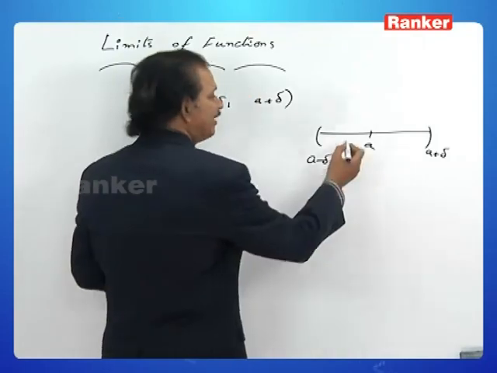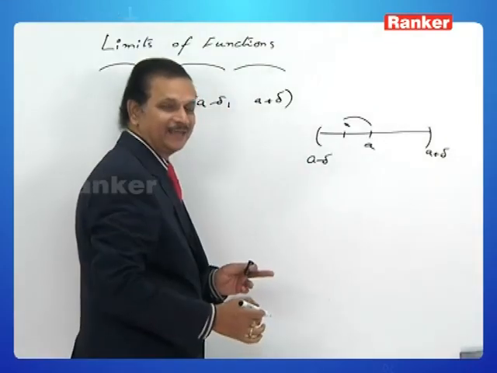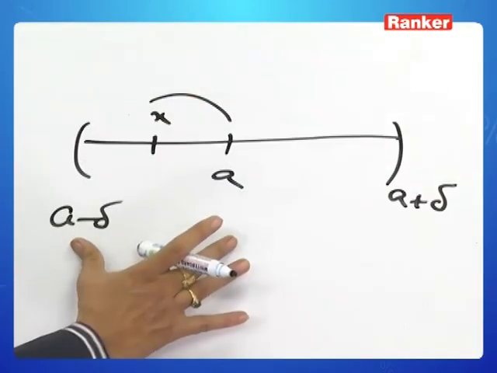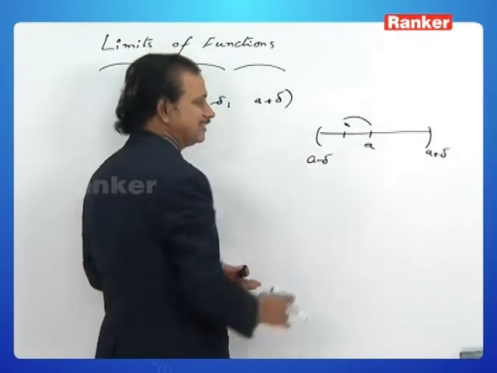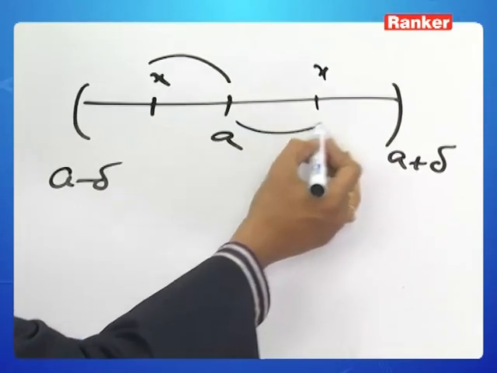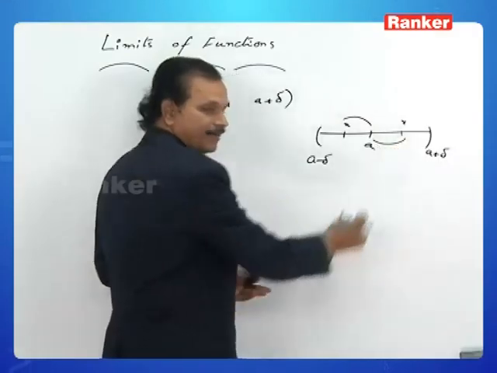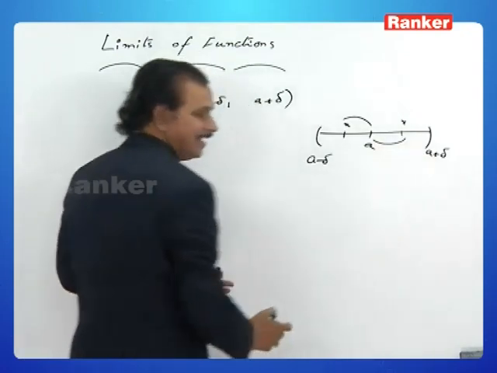X is in this space. If x is here, what is the distance between x and a? Mod x minus a. It is less than this distance, delta. That is, mod x minus a is less than delta. Suppose x lies here. Even in this case, what is this distance? Mod x minus a. This distance is delta. So mod x minus a is less than delta.